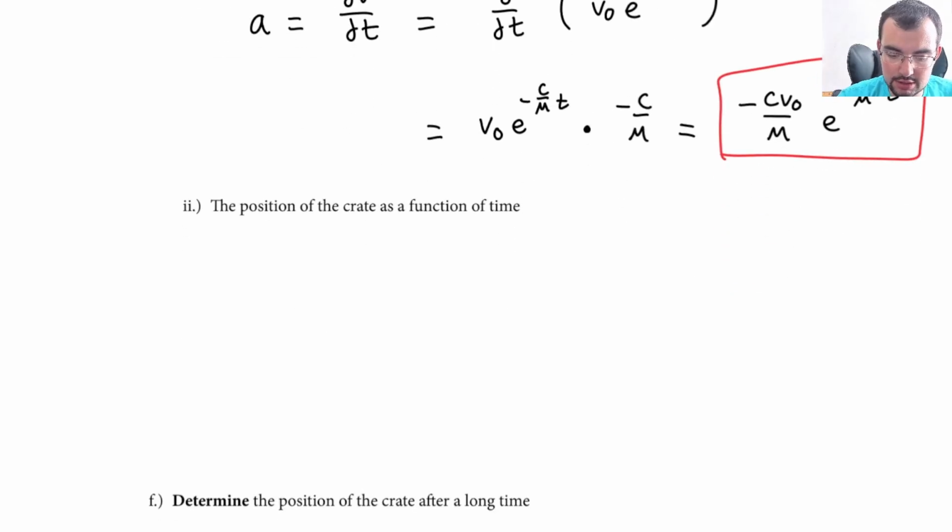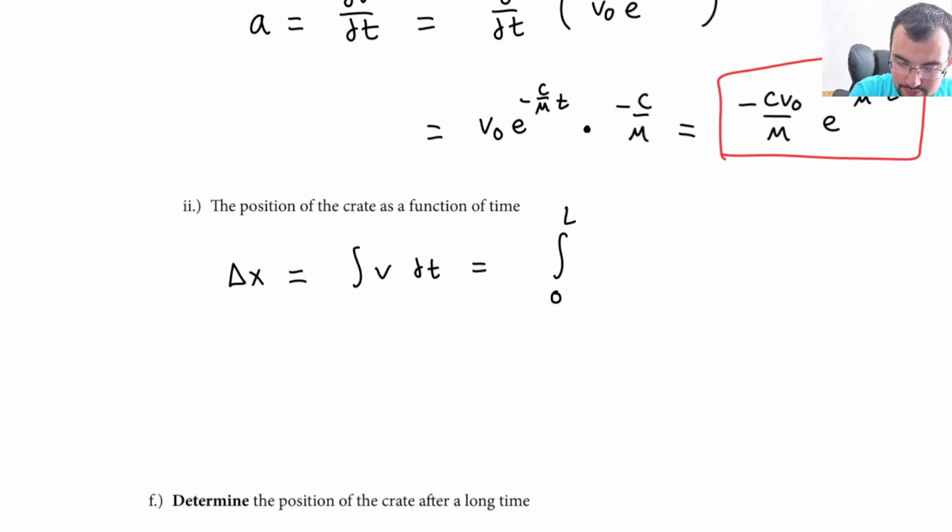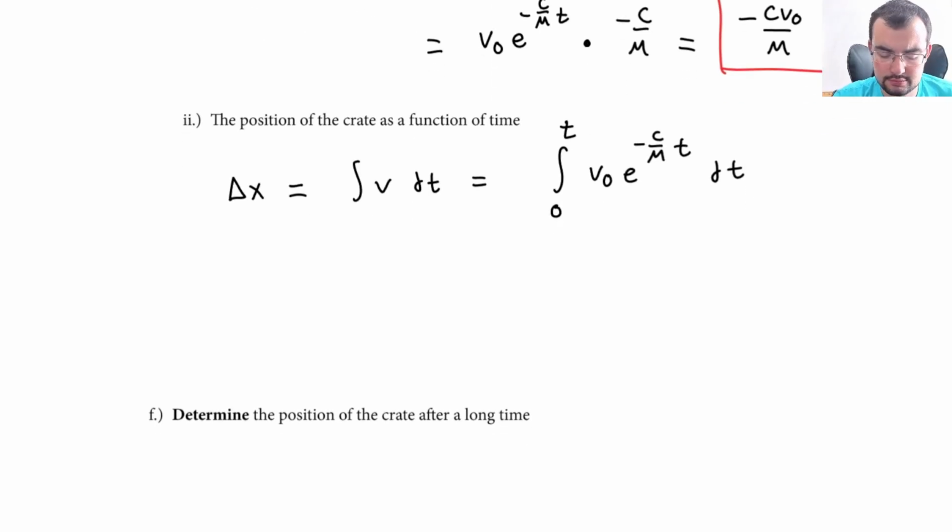What about the position? Well, we can find the displacement of the crate just by integrating the velocity function. So we can find how far the crate has gone. So again, delta is just the difference.